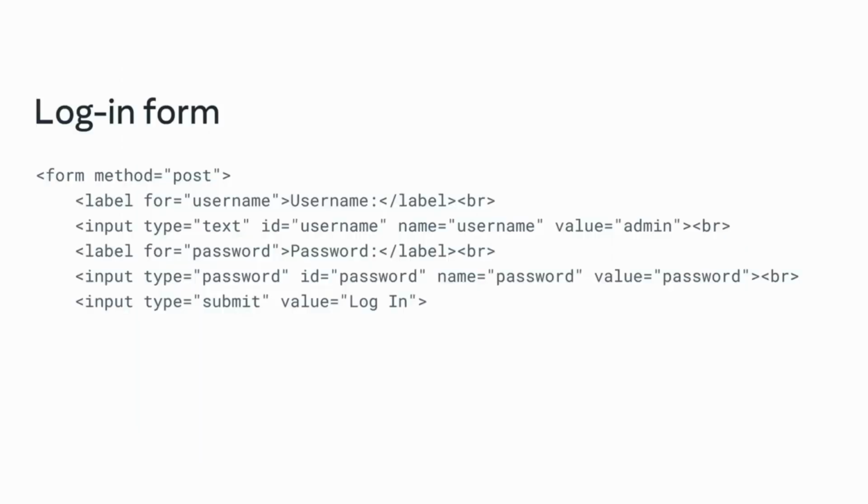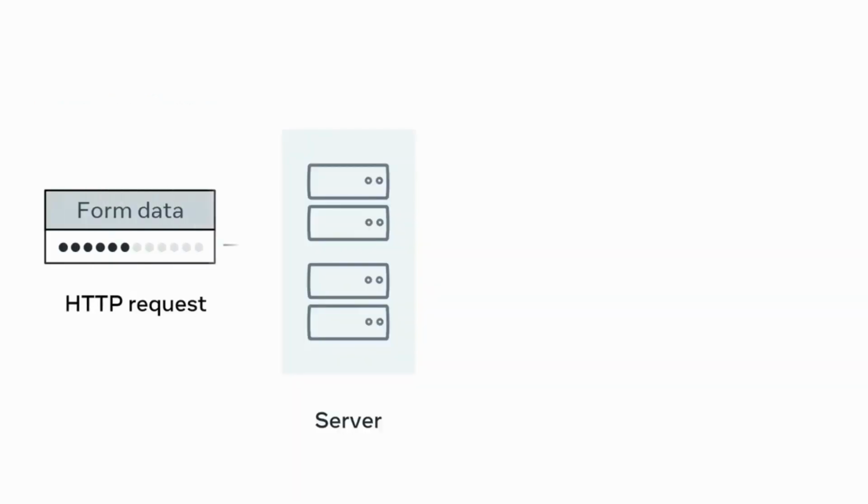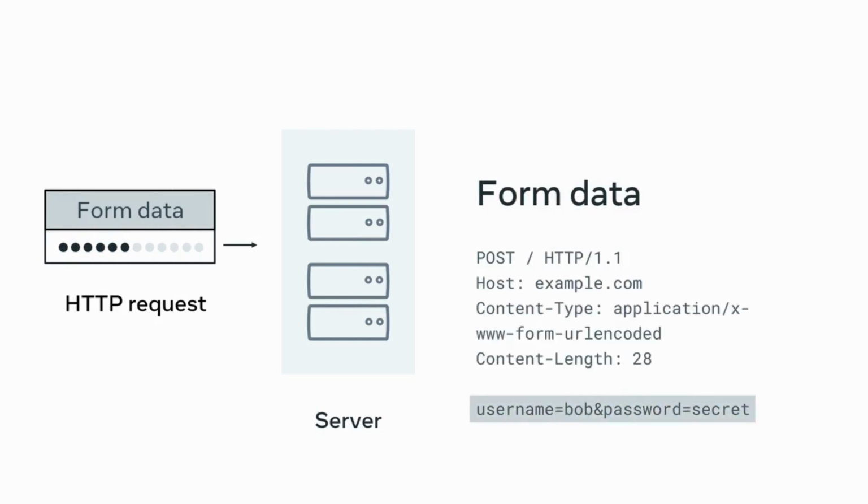Now let's focus on how the form would work if we set the method attribute to POST. When the form is submitted using the POST method, the form data is inserted into the content of the HTTP request. When the submit button is pressed, it will send an HTTP POST request with the data contained in the body of the request. The HTTP POST method is more secure than the HTTP GET method.